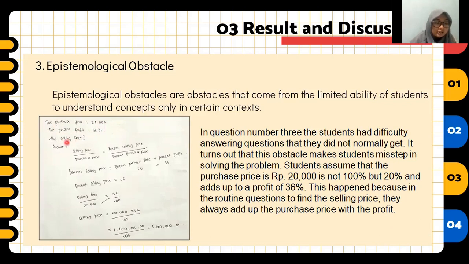And how much is the selling price? In this part we can see the percent purchase price is not 100% but 20, and the percent profit is 36. So the percent selling price is 56. We know this is false.